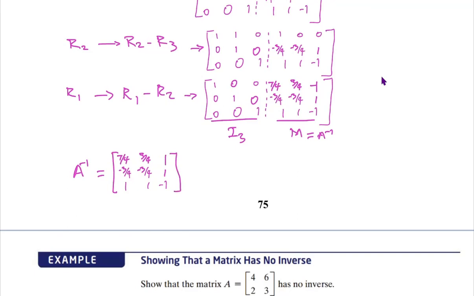So this is my A inverse: 7/4, 3/4, -1, -3/4, -3/4, 1, 1, 1, -1. Okay.